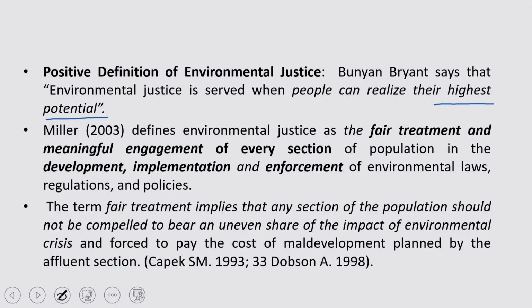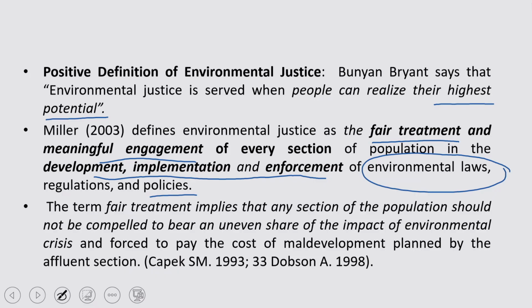Miller defines environmental justice as the fair treatment and meaningful engagement of every section of population in the development, implementation, and enforcement of environmental laws, regulations, and policies. Two things. There should be fair treatment.